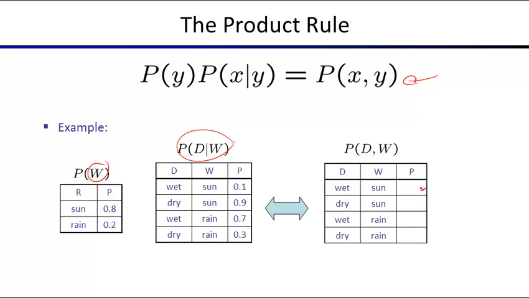This entry here would be probability of sun times probability of wet given sun. We look that up: sun 0.8, wet given sun 0.1. So we find the product 0.08, and so forth. Okay, that's the first way of constructing distributions. We'll see a lot of more advanced ways of constructing distributions in the next lecture, but this will be the building block for that.